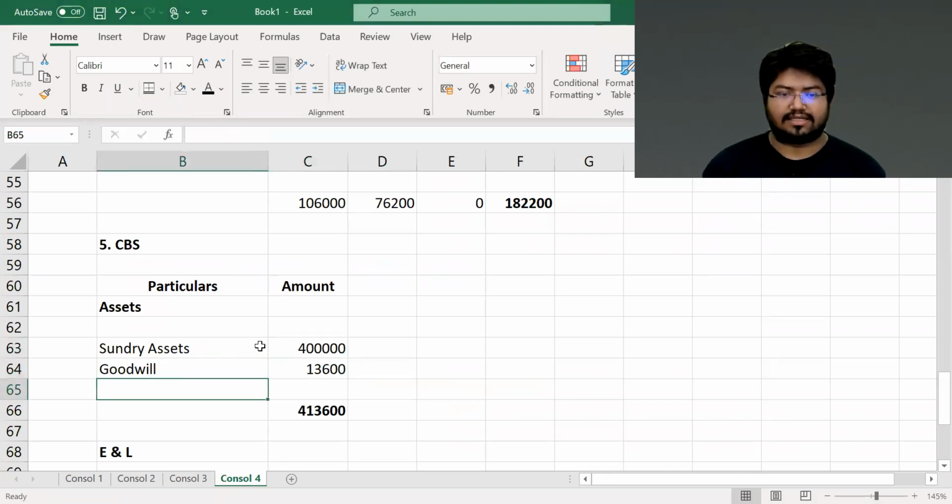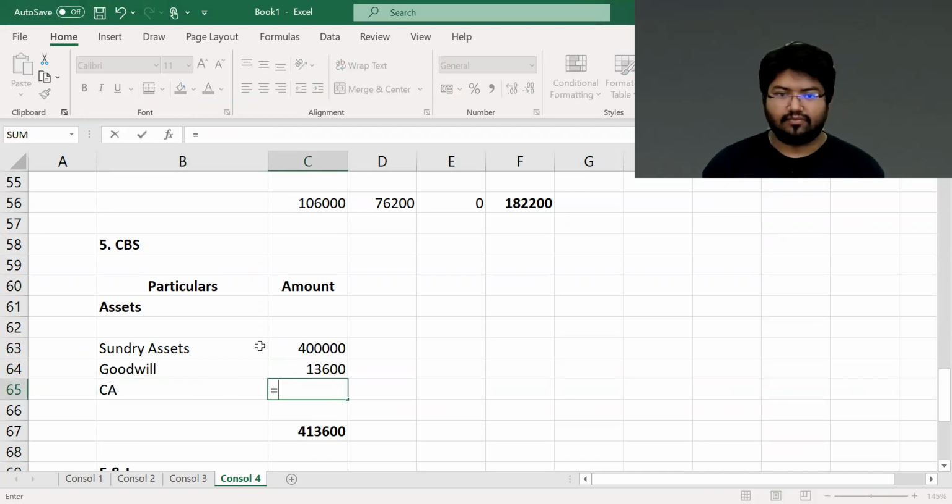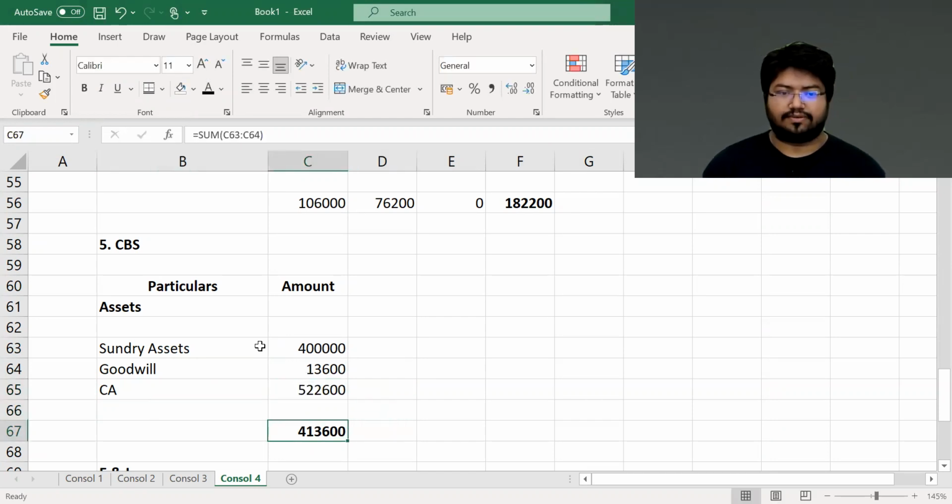Goodwill is 1,36,000. Apart from that, you have current assets, which is basically 2,77,600 and 2,45,000. All put together, it is 9,36,200.